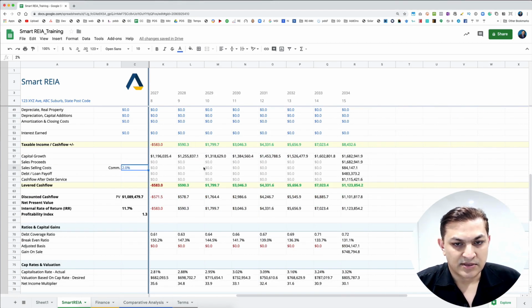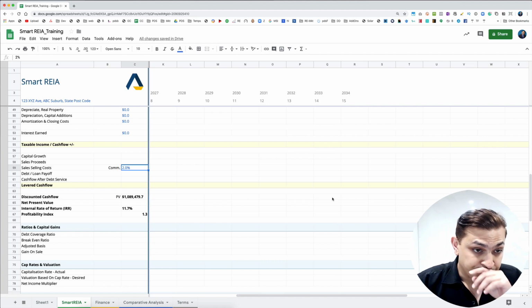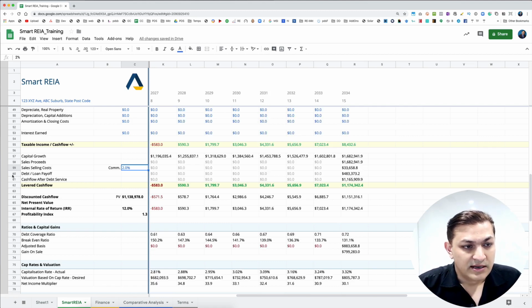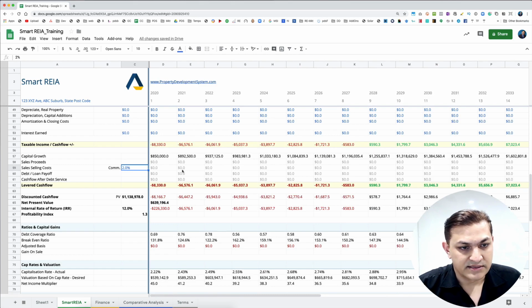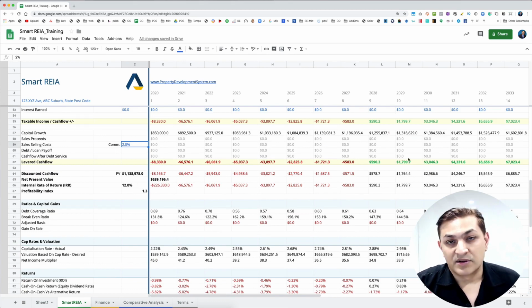It does all those calculations for you, and this will automatically get updated and give you details. It'll take care of the debt that's owed, the sales proceeds that come in, and the cash flow after the debt. So based on that, you will get your discounted cash flow, which is the present value of all these cash flows that you are doing.